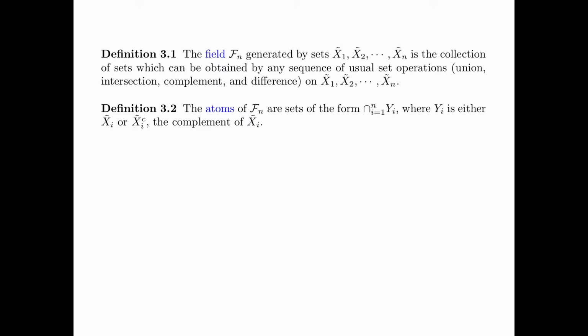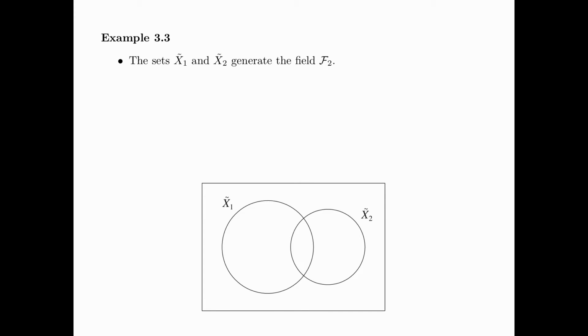The atoms of the field Fn are sets of the form intersection of Yi for i equals 1 up to n, where Yi is either Xi tilde or Xi tilde complement. Here is an example for F2, the field generated by the sets X1 tilde and X2 tilde.